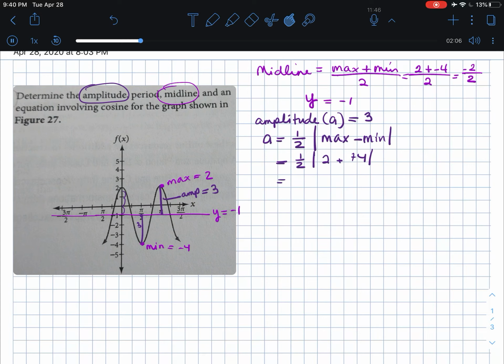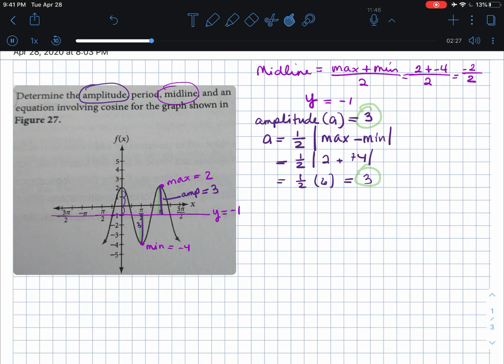So that means I have to get half of 6, and that is equal to 3, which is the same as the 3 we got earlier from the graph. Okay, now we got our midline, we got our amplitude.